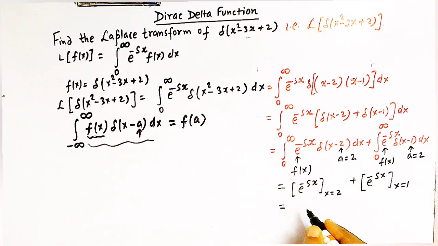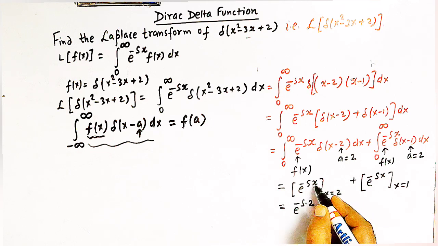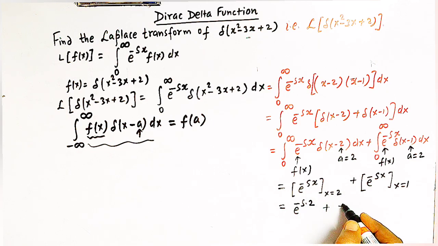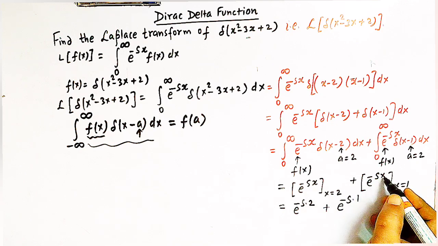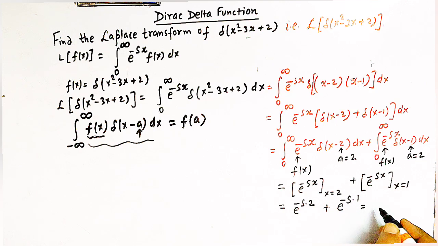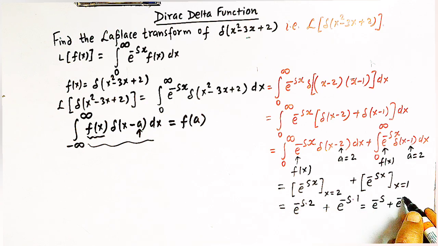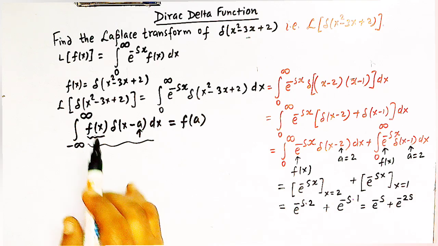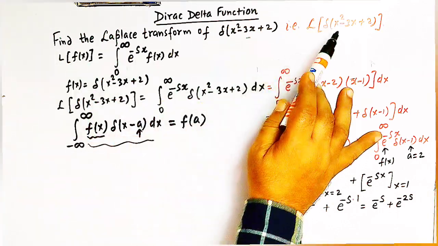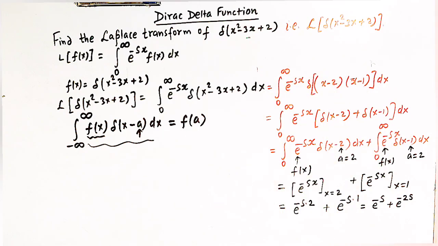So now here we have e raised to minus s times 2 because x is equal to 2, and here we have minus s times 1 because x is equal to 1, right? So we can now write e raised to minus s plus e raised to minus 2s. So the Laplace transform of delta of x square minus 3x plus 2 is given by this expression e raised to minus s plus e raised to minus 2s.